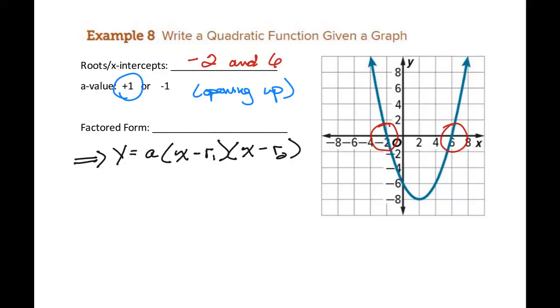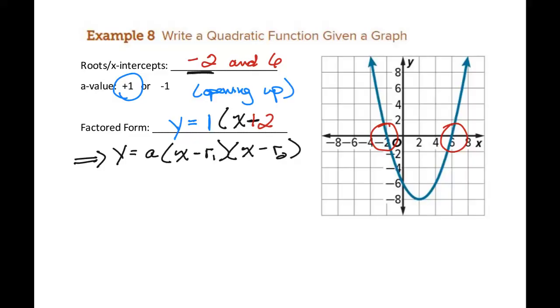So we are going to rewrite that up here now as y equals, we said A was positive 1, so we're just substituting in, times x minus, now our first root is negative 2. You cannot have and subtract a negative. So we need to change that to a positive 2. So everybody see that?